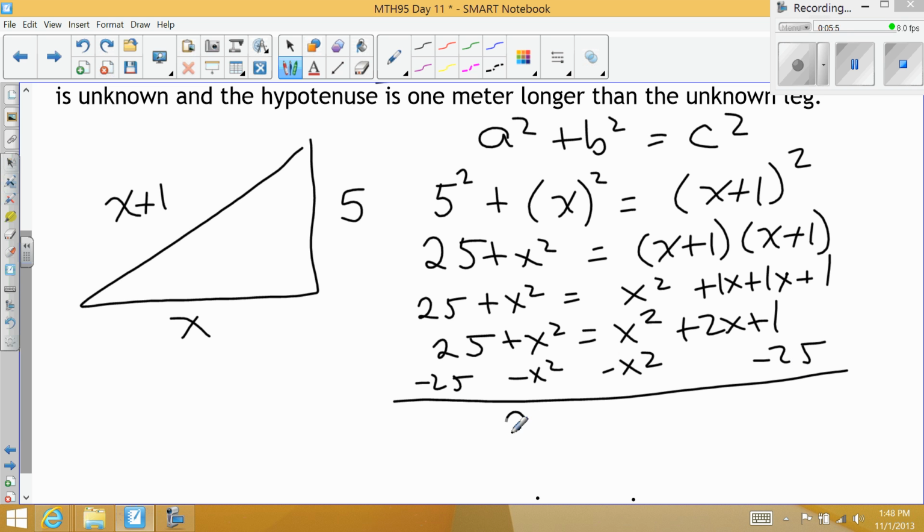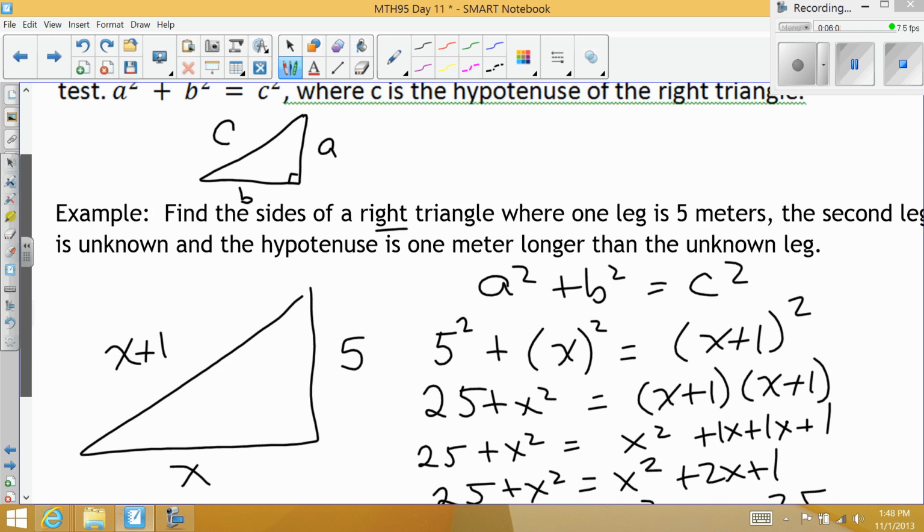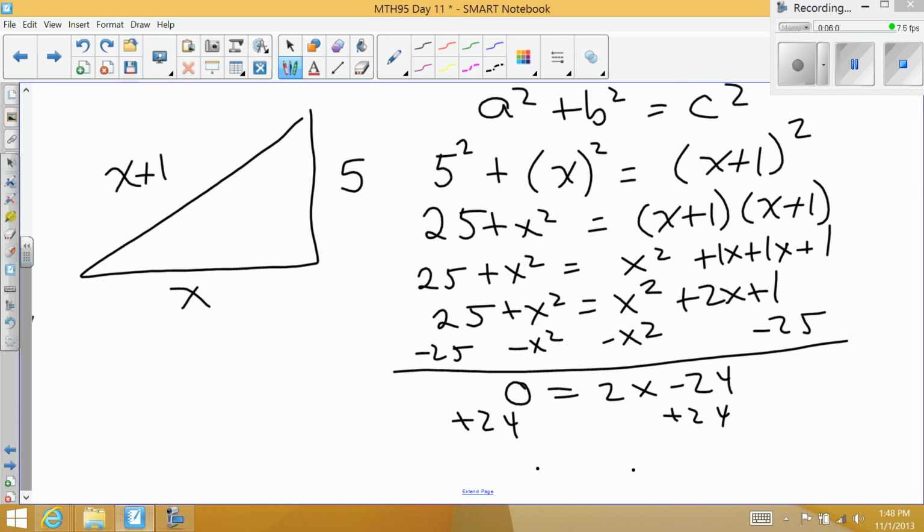That way I get 0 on the left side of the equation and 2x minus 24 on the right side. Now I'll bring that 24 back over. So I've got 24 equals 2x, which gives me x equals 12.